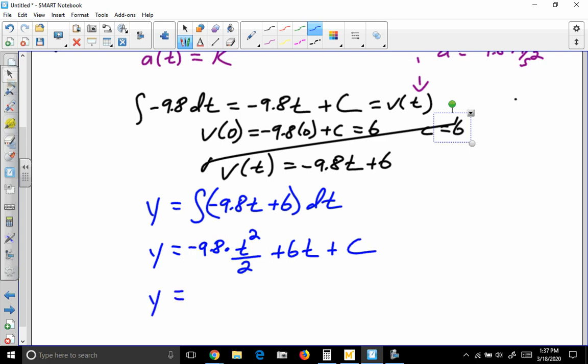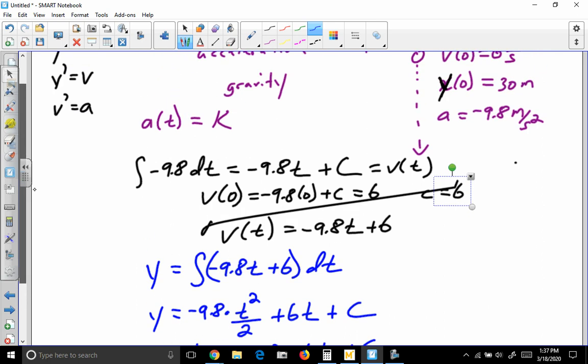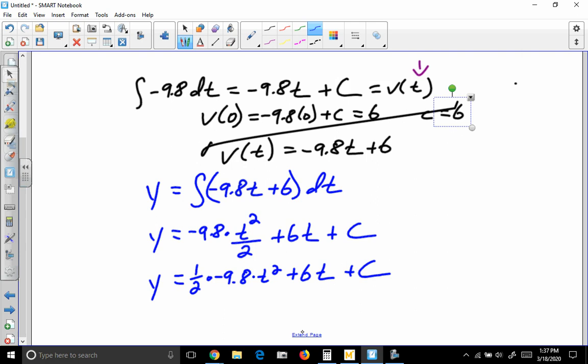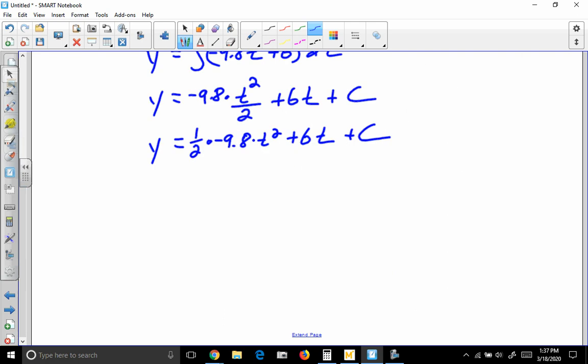Now, normally we would divide those out. I'm going to leave this as, I'm going to call it 1/2 times negative 9.8 times t squared plus 6t plus c. And we're told our initial height when time is 0 is 30. So our height is 30 if we put in a 0 for t.